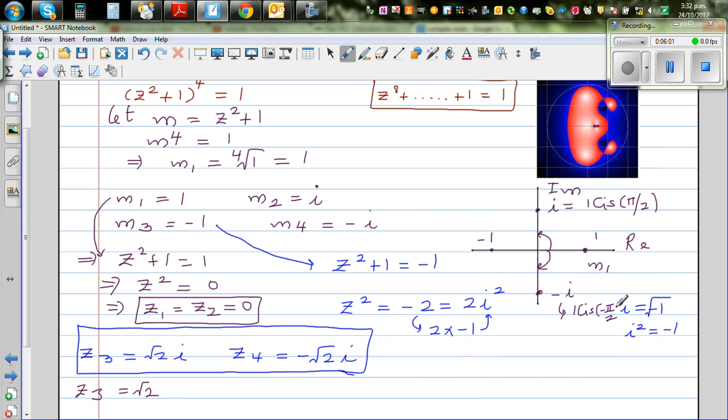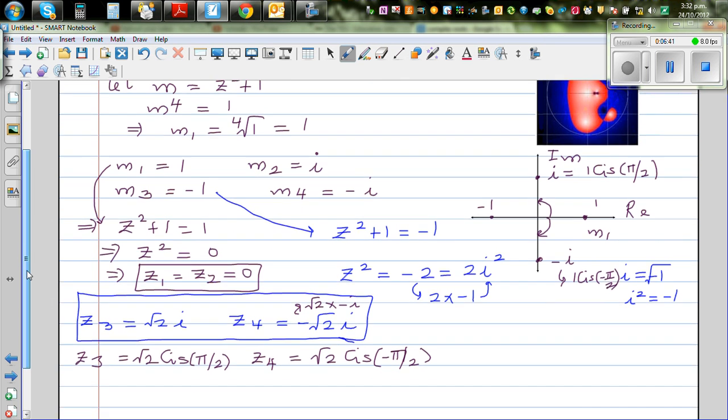In calculus you write in radians, so this is negative pi by 2. So z3 is root 2 times i, and i can be written as cis pi by 2. And z4 is root 2 times negative i, and negative i is minus pi by 2. So you can say this is root 2 cis negative pi by 2. So these are the four roots.